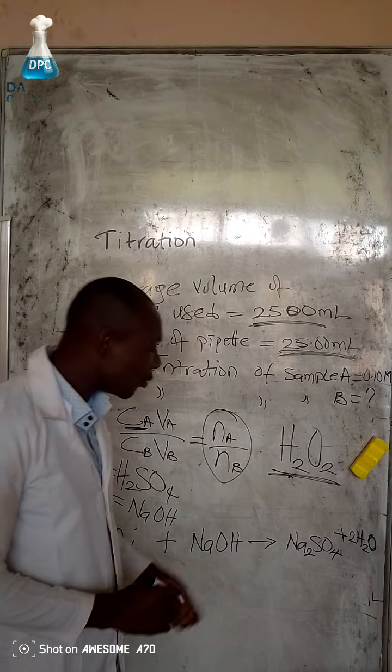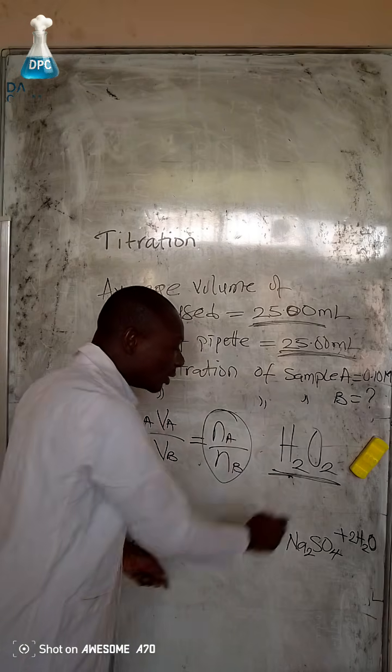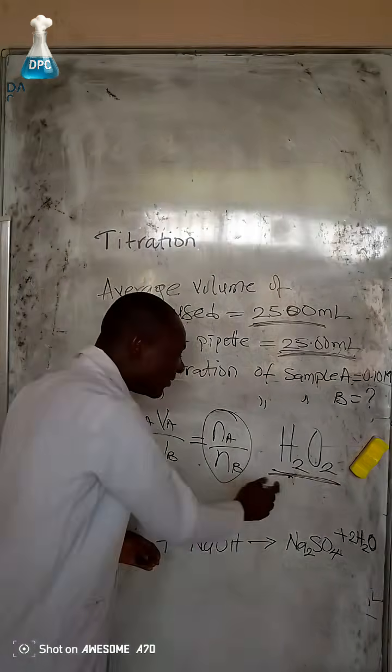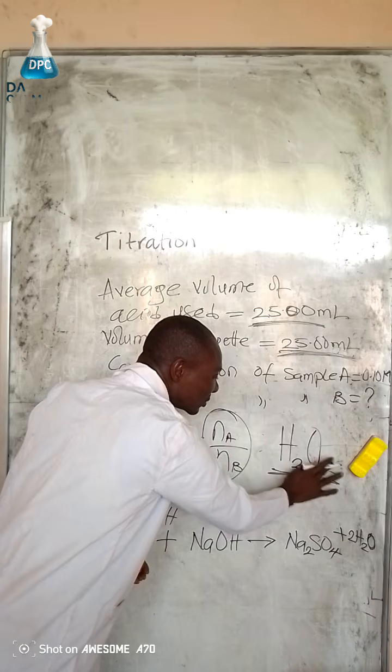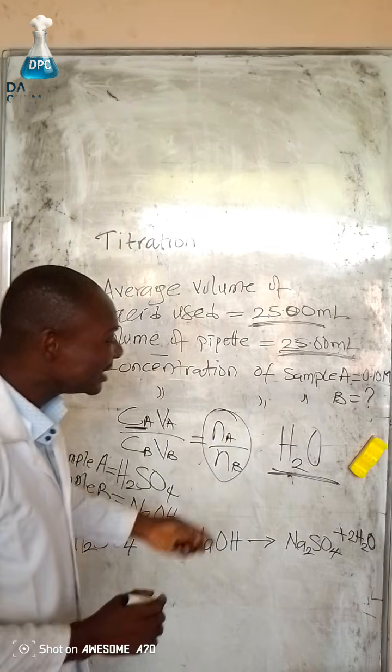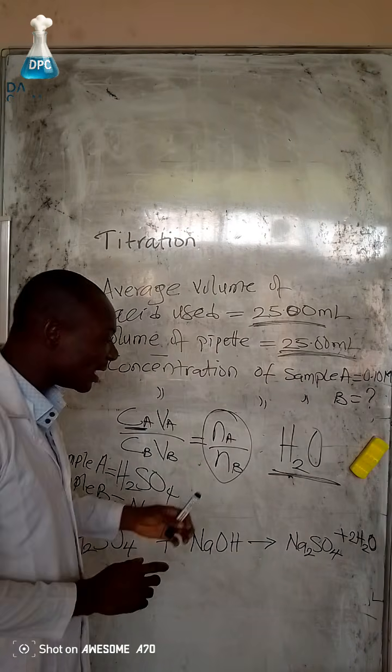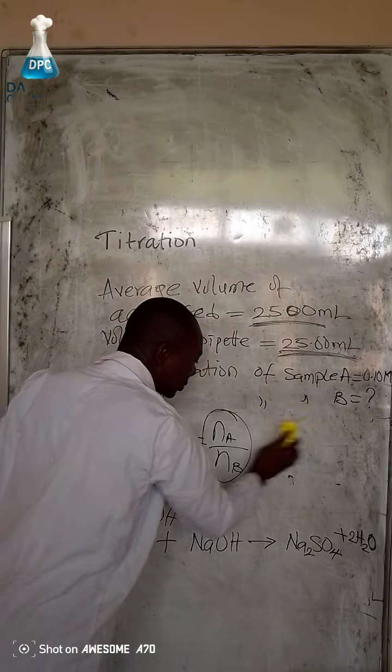This is no longer water, it's now hydrogen peroxide. So don't attempt to ever alter the subscripts. Only the integers can be changed to balance the chemical equation.